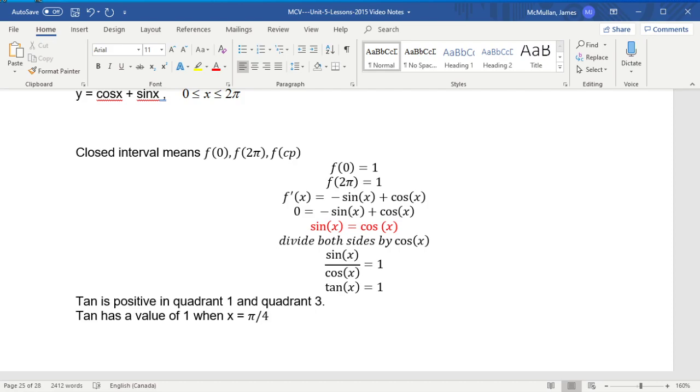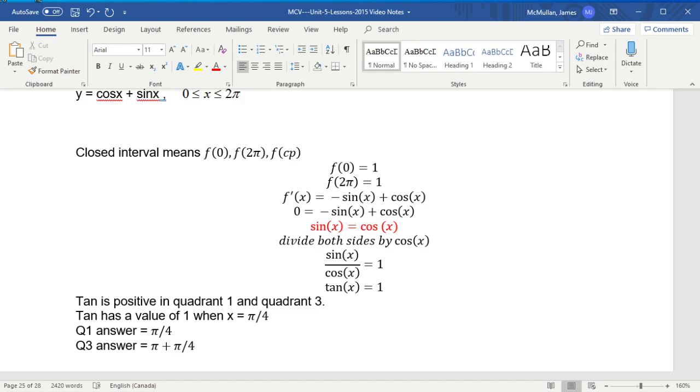You can use inverse tan of 1 to give you this answer, but this is a special angle, so you should probably recognize it. So our quadrant 1 answer is pi over 4. Our quadrant 3 answer is pi plus pi over 4, because that's how you move into quadrant 3.